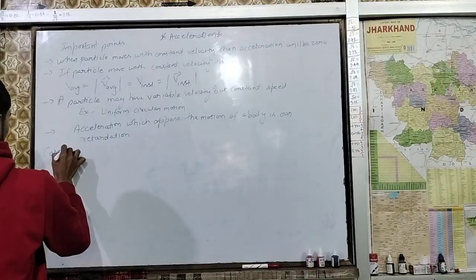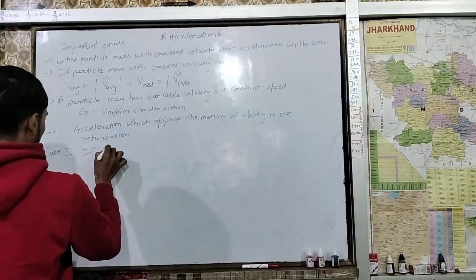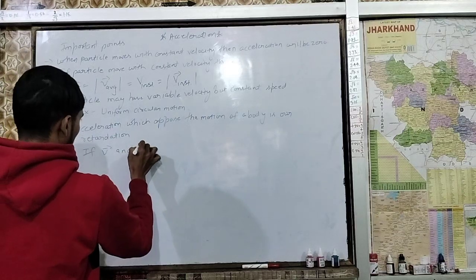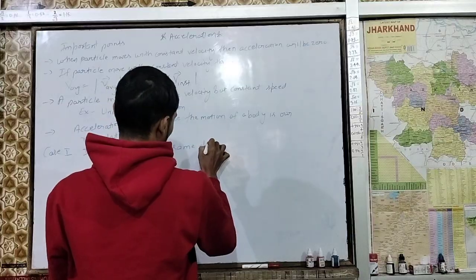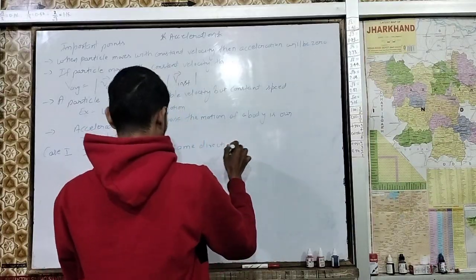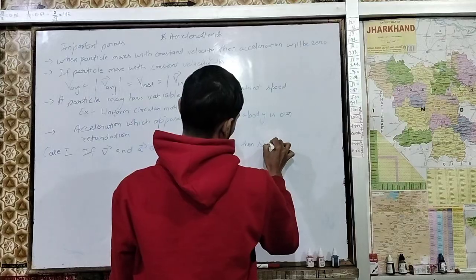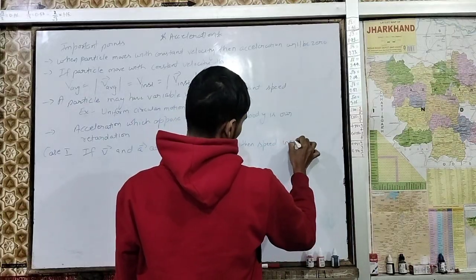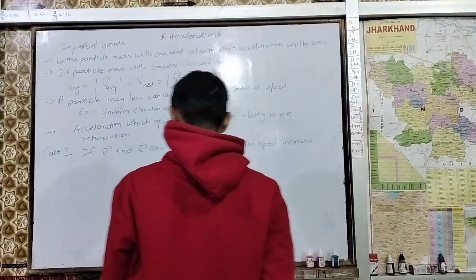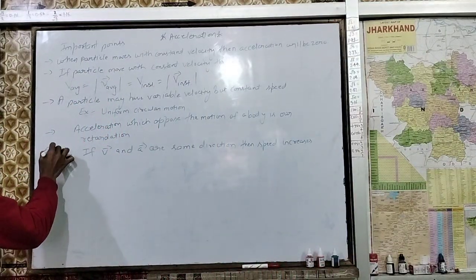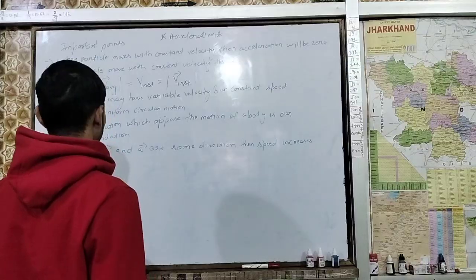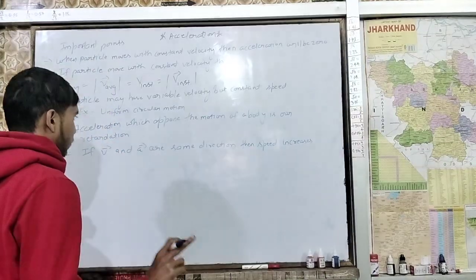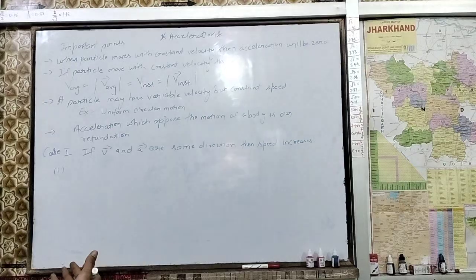Now case number 1. If velocity and acceleration are in the same direction, then the speed increases. If the direction is the same, of course the speed will be increasing continuously.